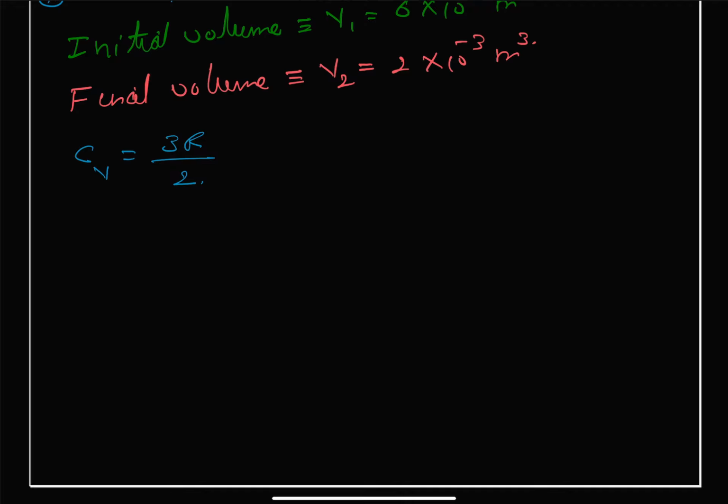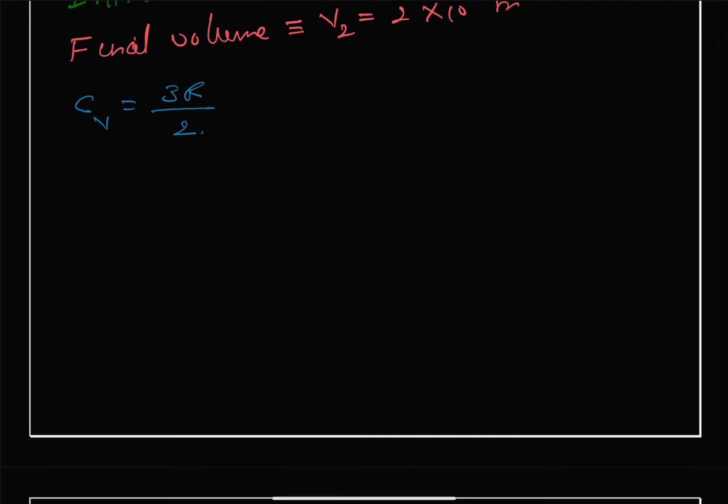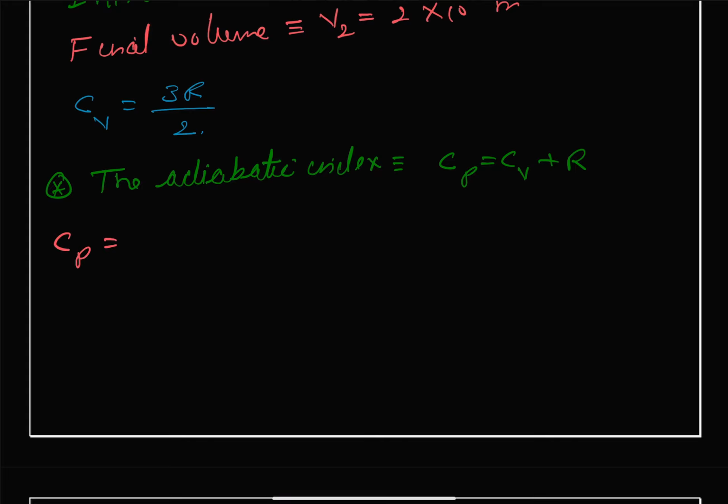So first of all, we are going to find out the adiabatic index. For a perfect gas, from the standard relationship, we know that Cp is equal to Cv plus R. So Cp will be equal to 3R by 2 plus R, giving us 5R by 2.